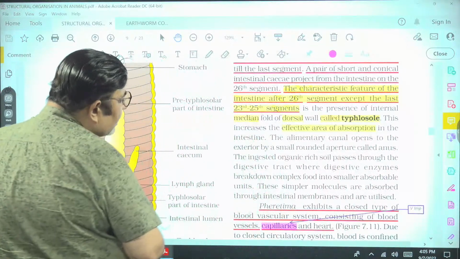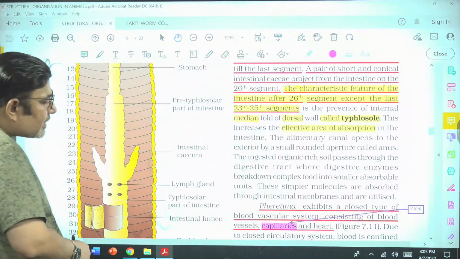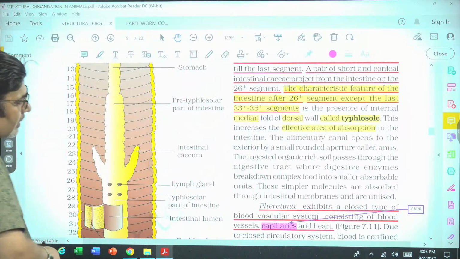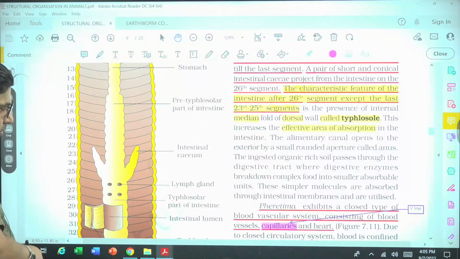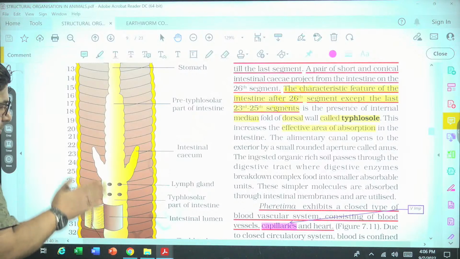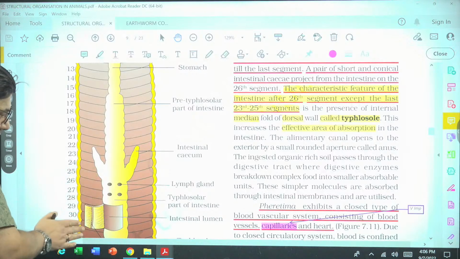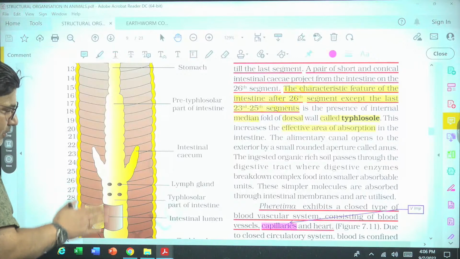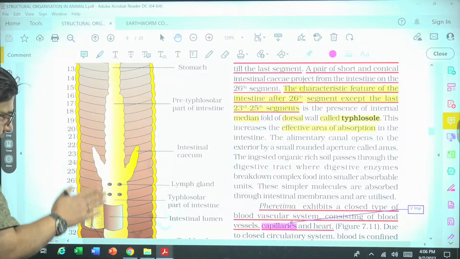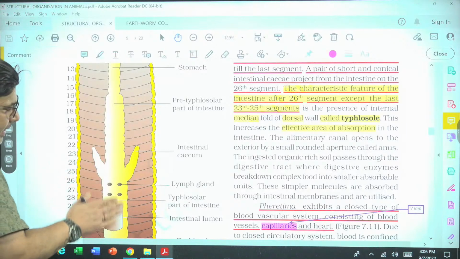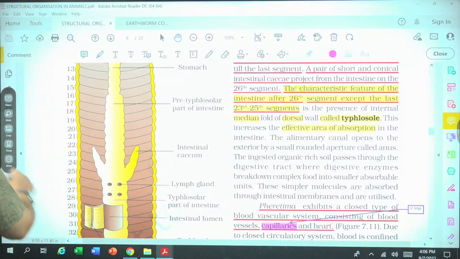The alimentary canal opens to the exterior by a small rounded aperture called the anus. The ingested organic-rich soil passes through the digestive tract where digestive enzymes break down complex food into simpler absorbable units. These simpler molecules are absorbed through the intestinal membranes and are utilized.